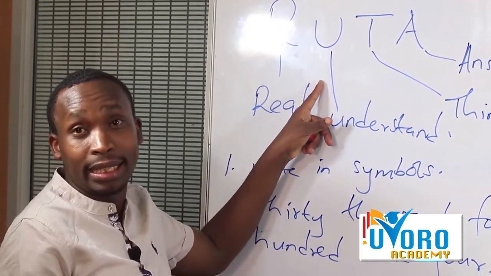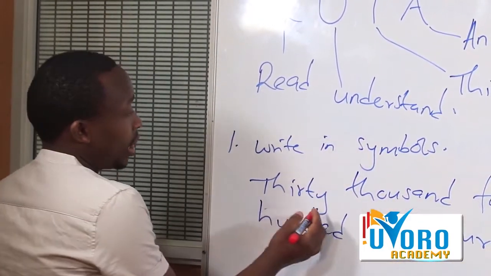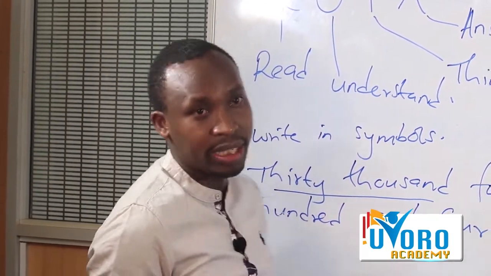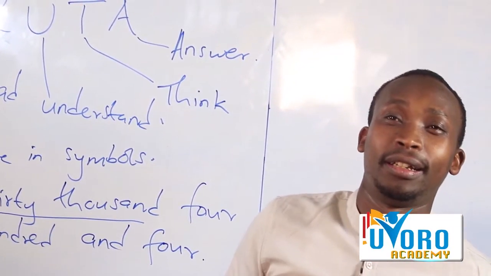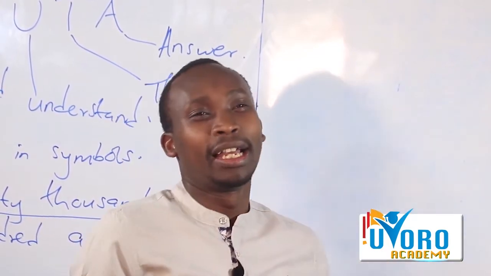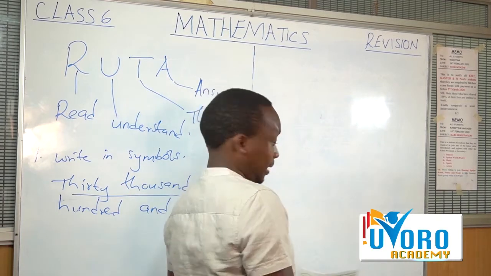Now, before we continue, we have read. Now we are supposed to understand what we are being asked to do. Now, the first one is 30,000. Somebody to tell me, 1,000 has how many zeros? 3. Correct.